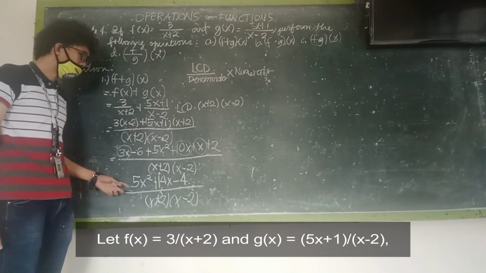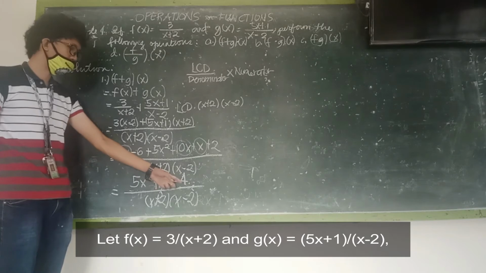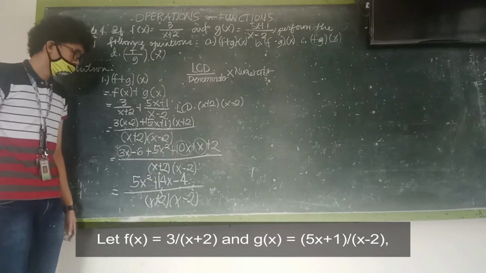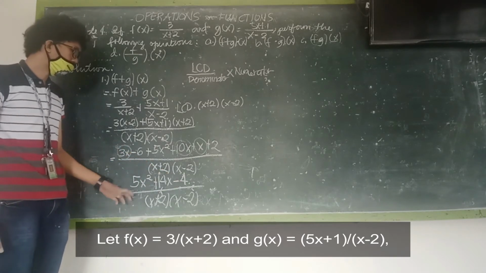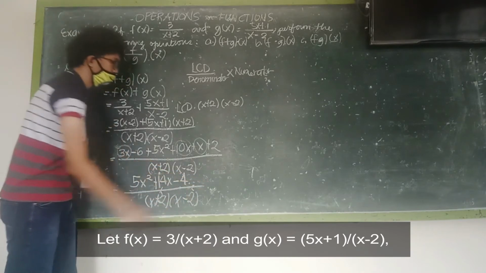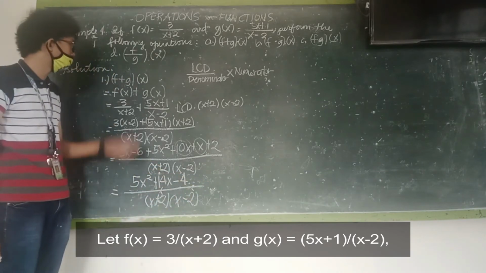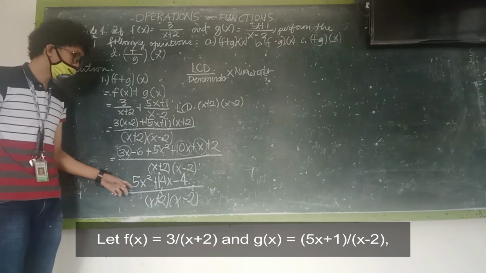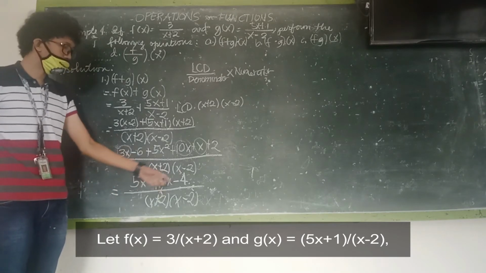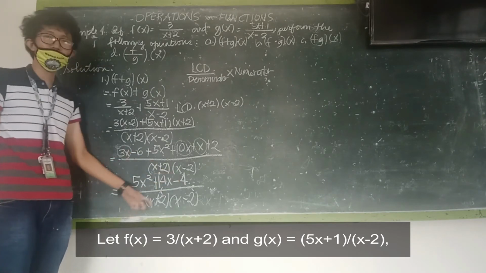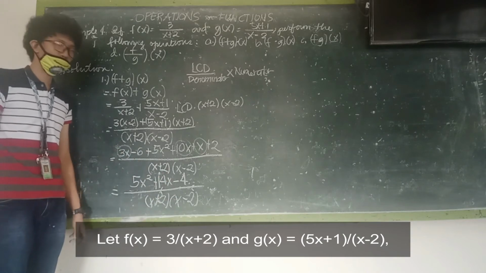Hindi naman natin ma-factor ang 5x squared plus 14x minus 4. So, ang gagawin na natin, we will conclude that the answer for f plus g of x is 5x squared plus 14x minus 4 all over x plus 2 times x minus 2.